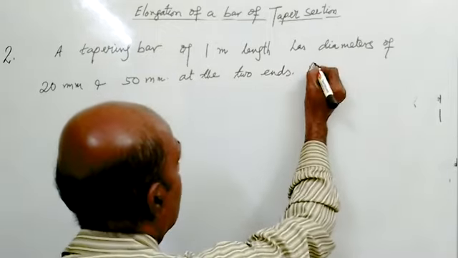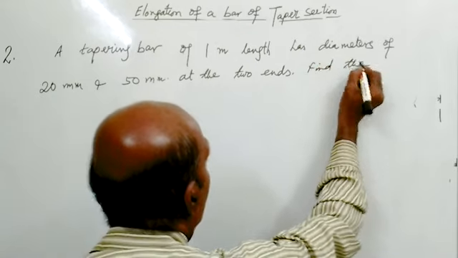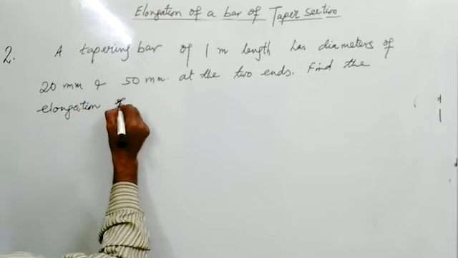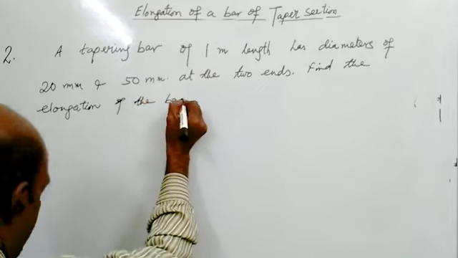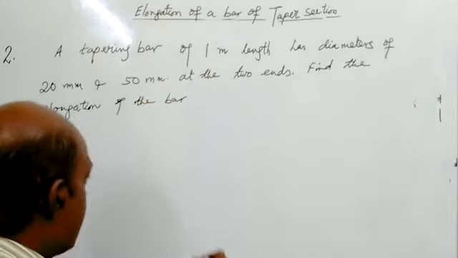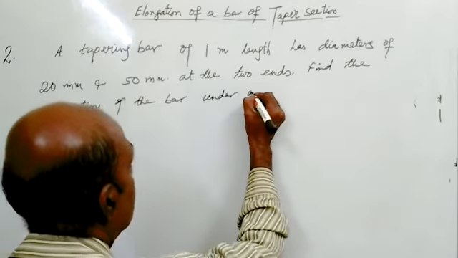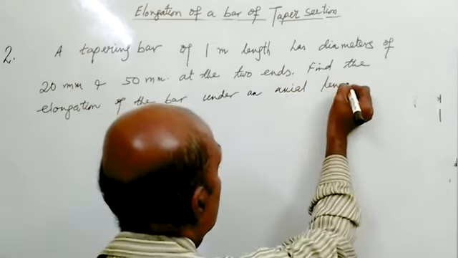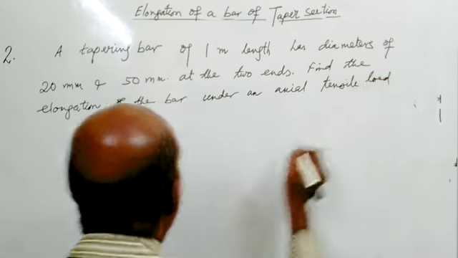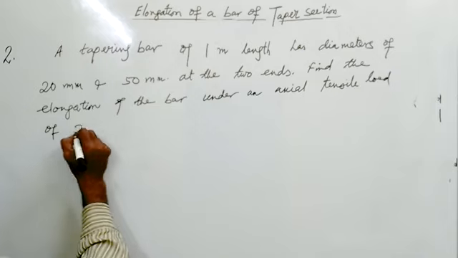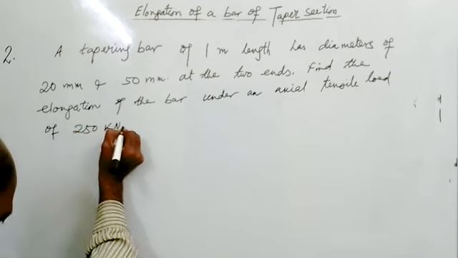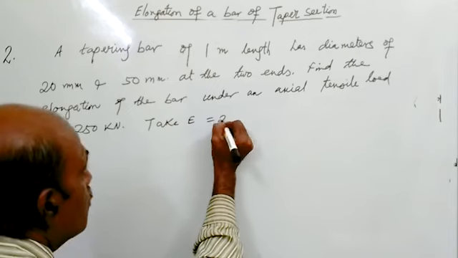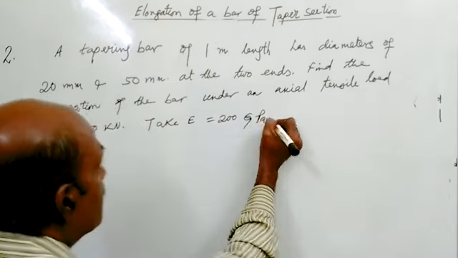Find the elongation of the bar under an axial tensile load of 250 kilonewton. Take E is equal to 200 gigapascal.